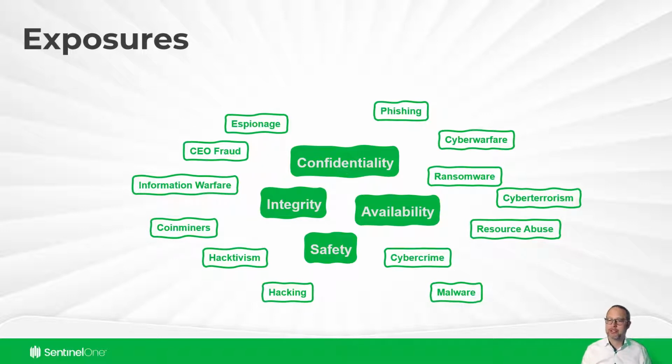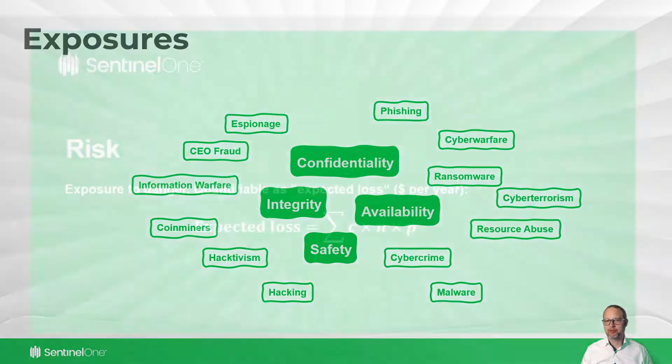There's things like ransomware that we're all very aware of, cyber terrorism and hacktivism. There can be things like coin miners that abuse resources. So there's lots of different motives for attackers now to basically attack the confidentiality, integrity, and availability of your compute assets. But they all boil down as attacking some of these goals.